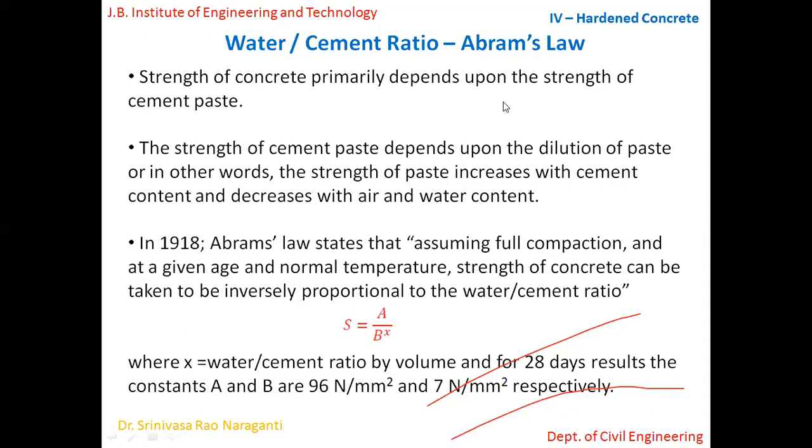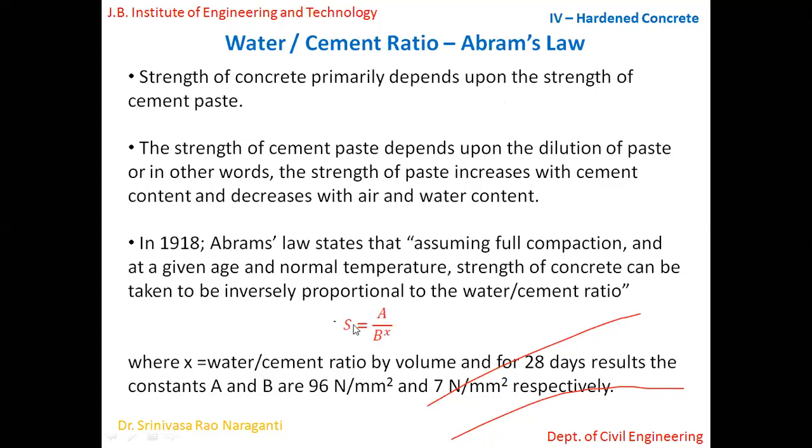So for a particular compaction, a given age and normal temperature, because temperature also plays a role, the strength of the concrete is inversely proportional to the water cement ratio. If you take S as the strength of the concrete, X as the water cement ratio, and A and B are constants, the strength is S = A / B^X.